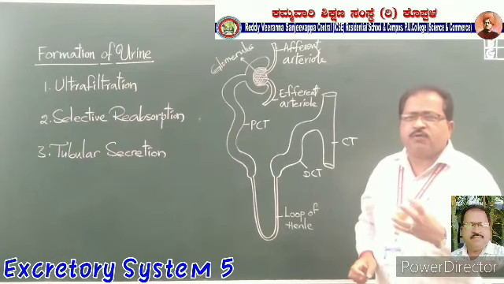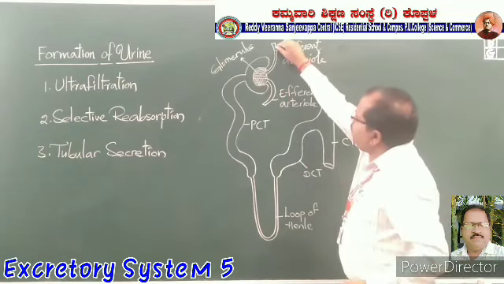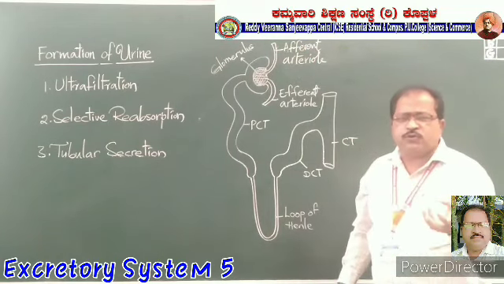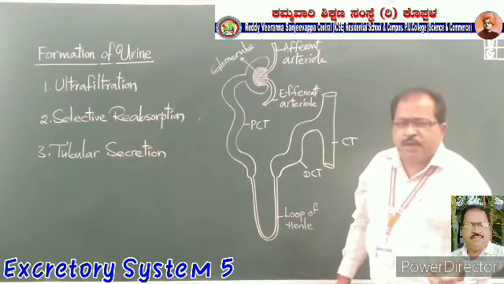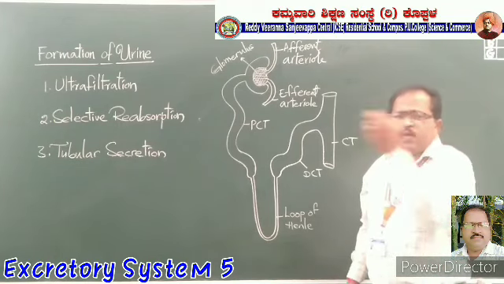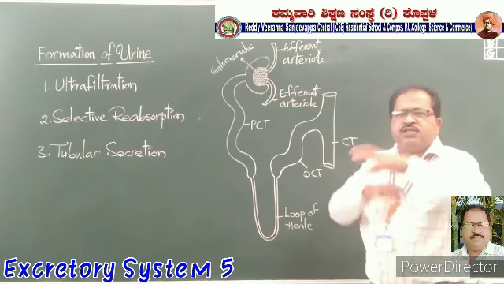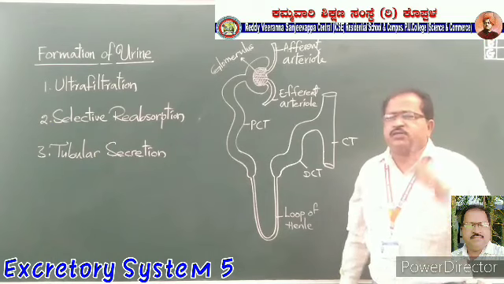How does it form this network? Because it branches and branches, becomes arterioles, and these arterioles branch still more and form the capillaries, fine tubule-like structures, and these form the network.